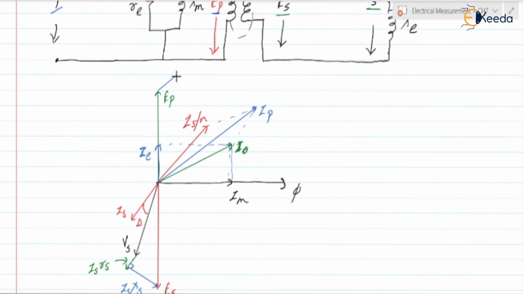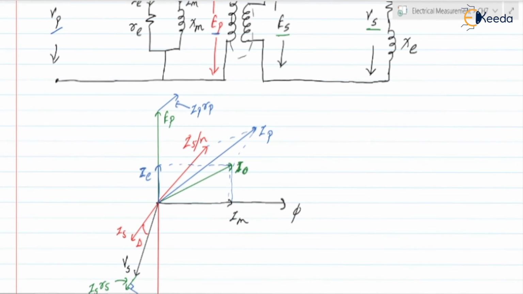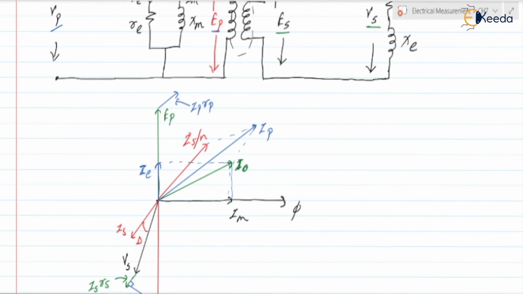This is the IP into RP phasor. Next we can draw the phasor for IP into XP, that will be in quadrature.